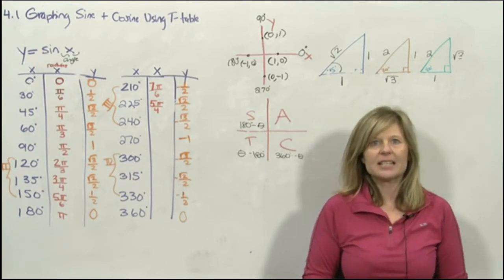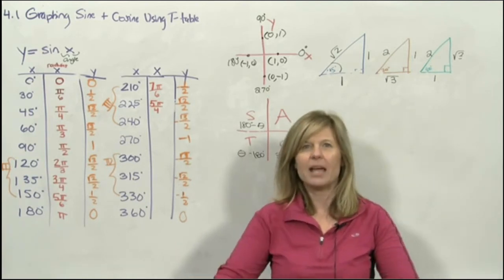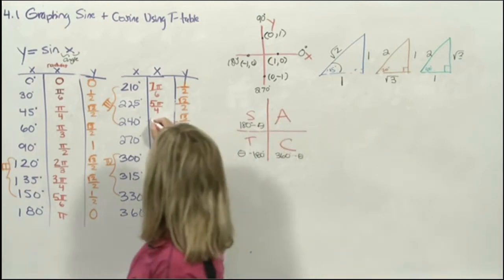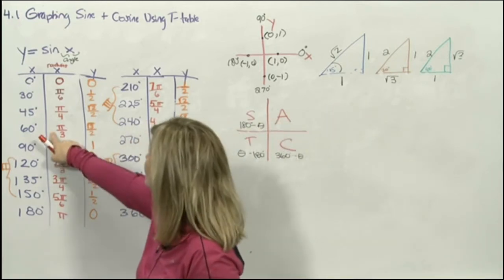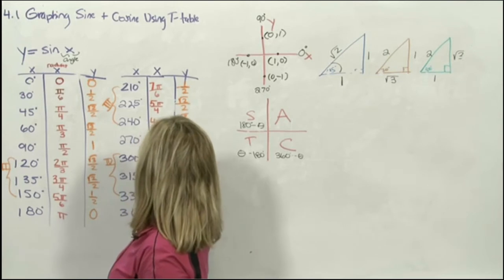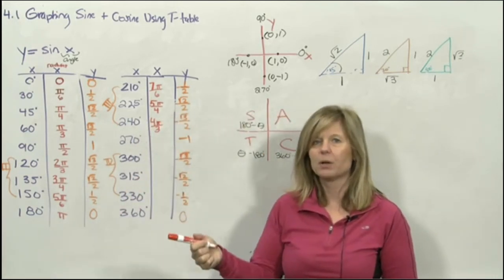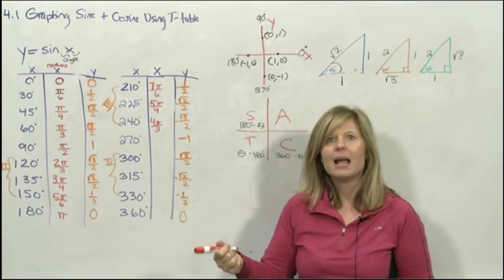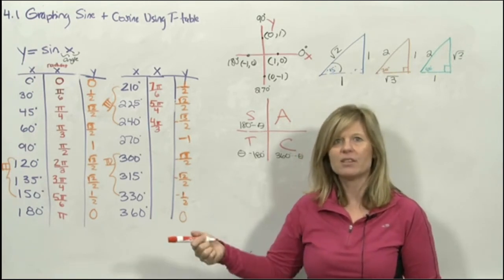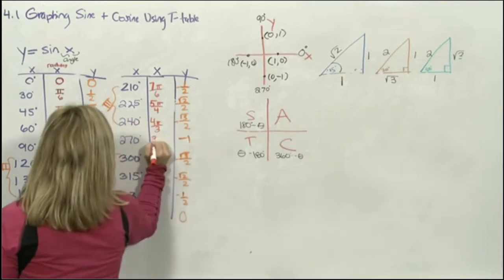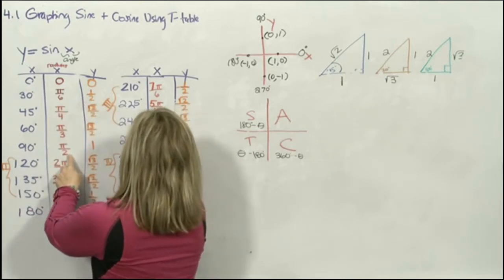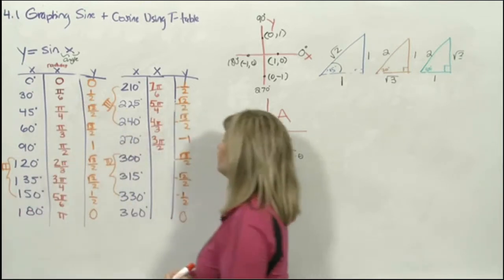It's a multiple of 60. How many 60s make 240? That'd be 4. So this is 4 60s, and 60 is pi over 3. 270 is a multiple of 90. How many 90s make 270? 3. So we need 3, and 90 is pi over 2.